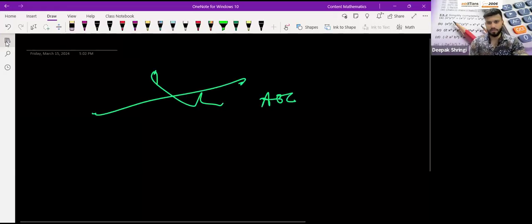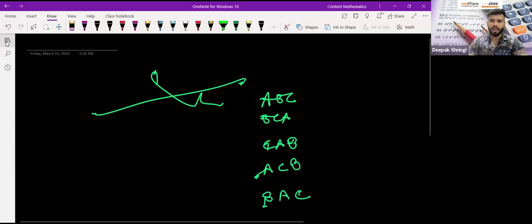There's another way BCA, CAB, and ACB, correct? BAC and CBA. These are all the possible ways by which three persons can be arranged in a row.